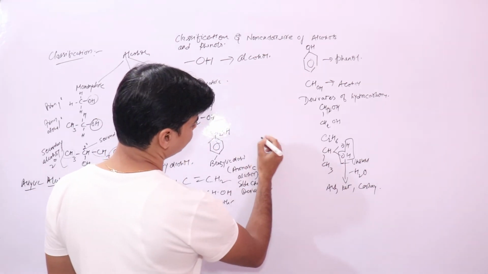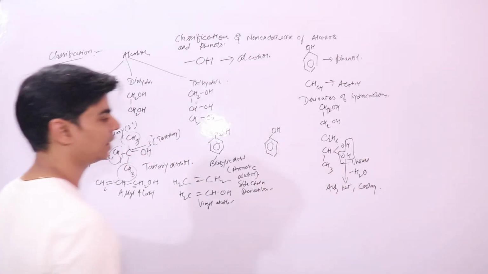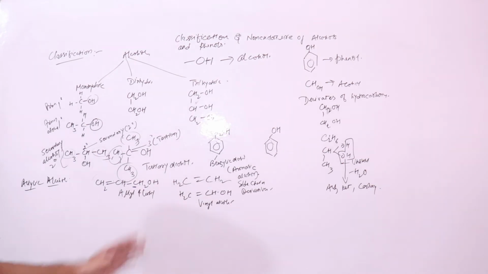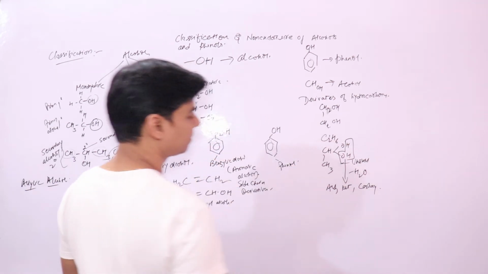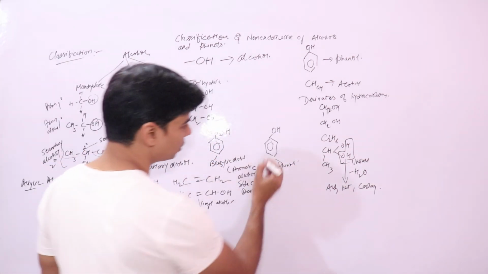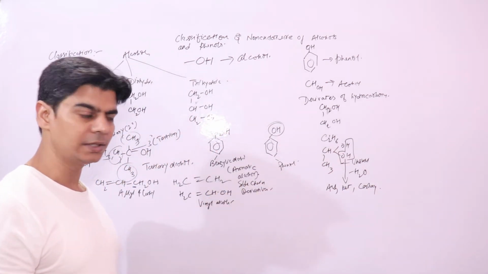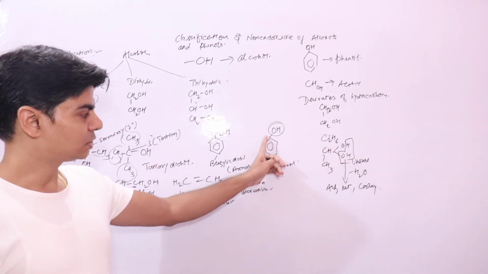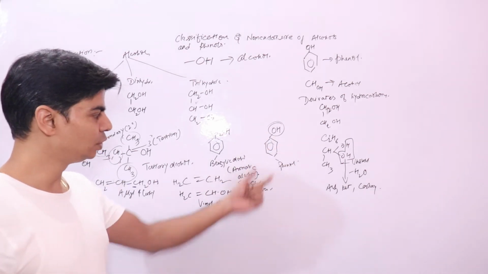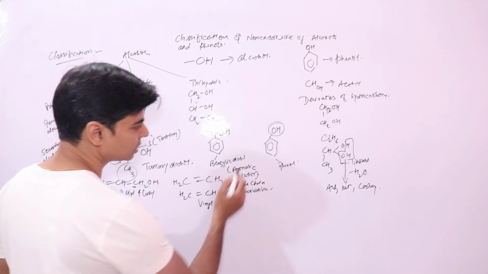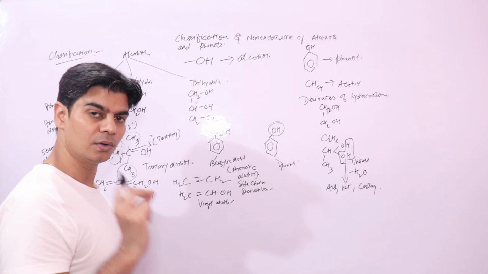Now suppose this is your compound where the OH group is directly attached to the benzene nucleus. This would be your phenol. When your OH group is directly attached to the benzene ring, this is your nuclear derivative, because this is obtained by replacing one hydrogen atom of the benzene nucleus by an OH group.